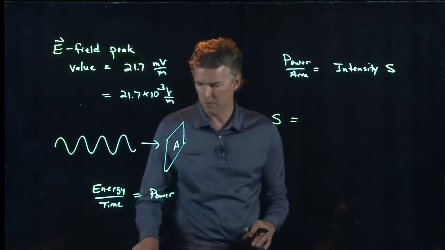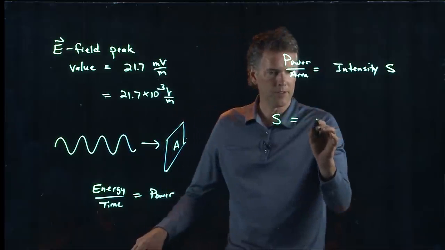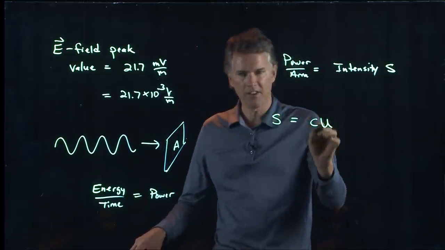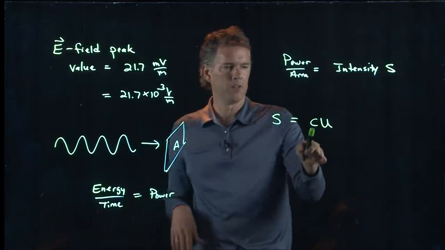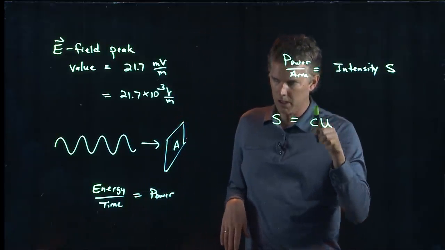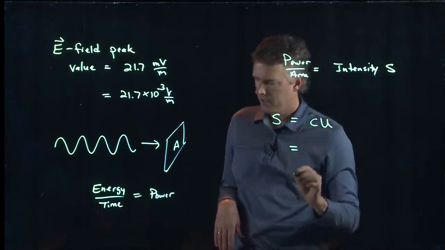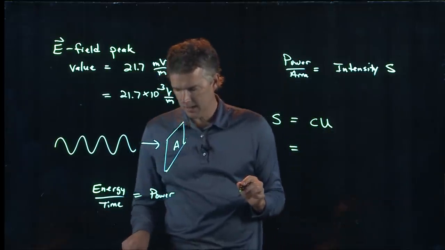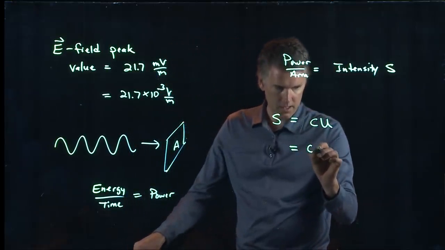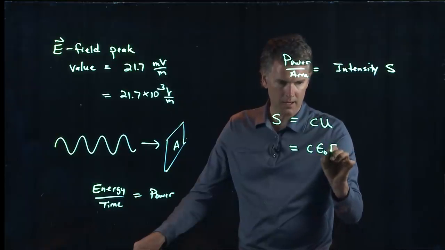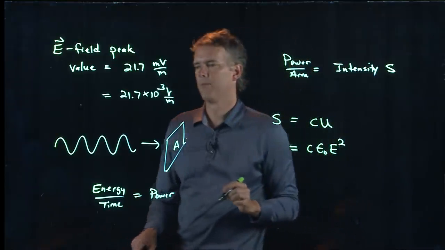Okay, and what we said was the following. S is in fact equal to c times u. C is the speed of light, u is the energy density. And that is the same as c times epsilon naught E squared.